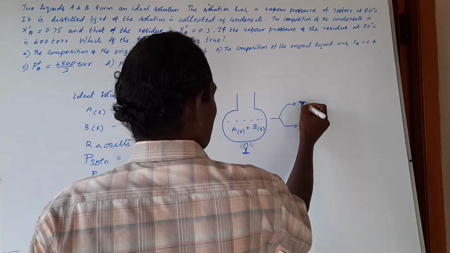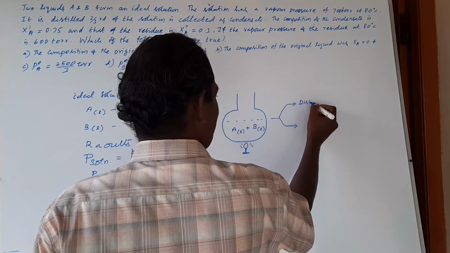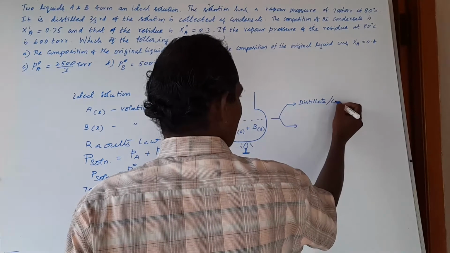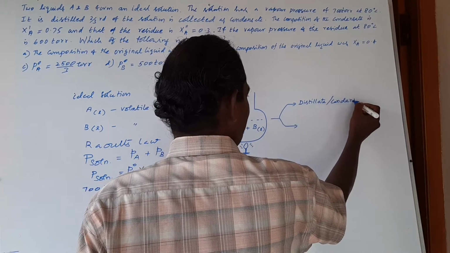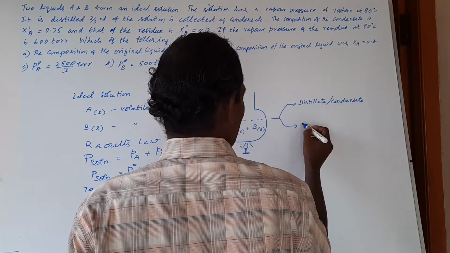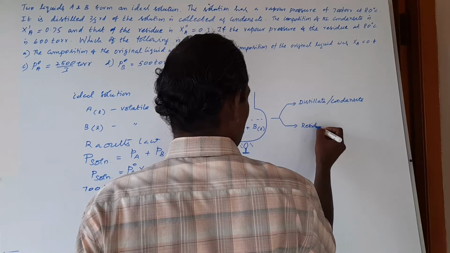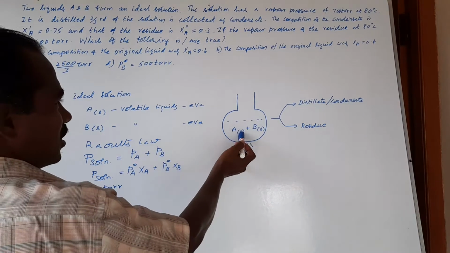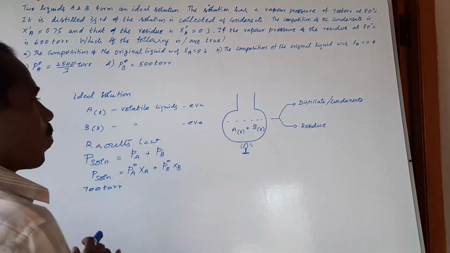One is called distillate, which is also called condensate. Another one is called residue. This solution on distillation gives distillate and residue.